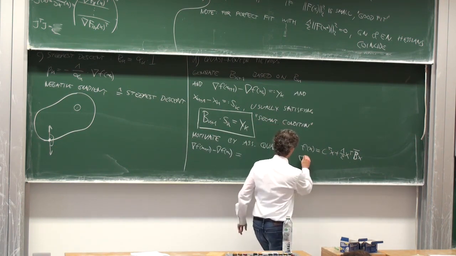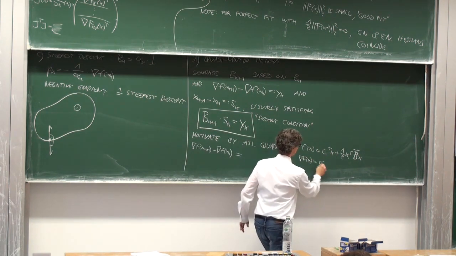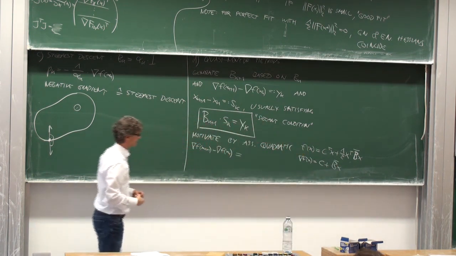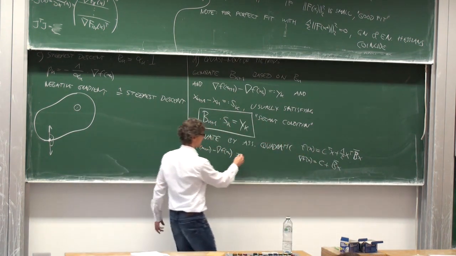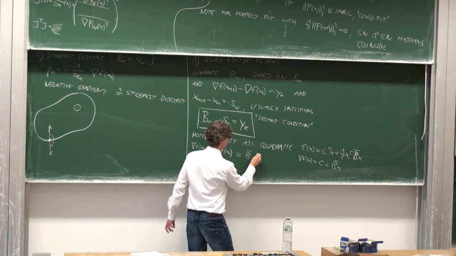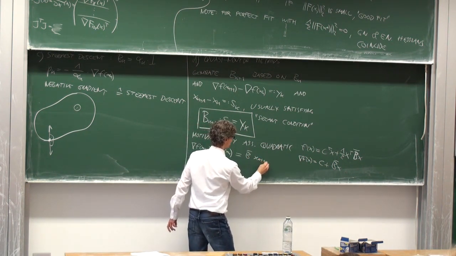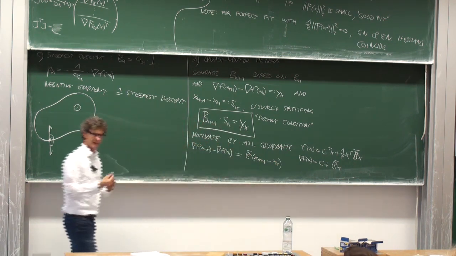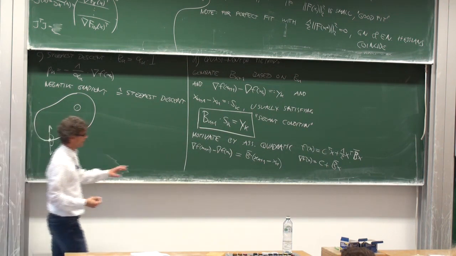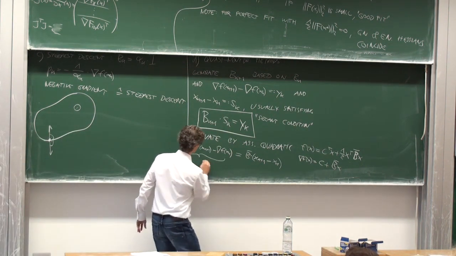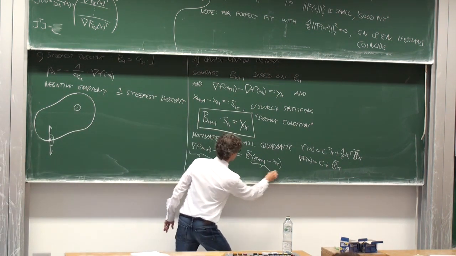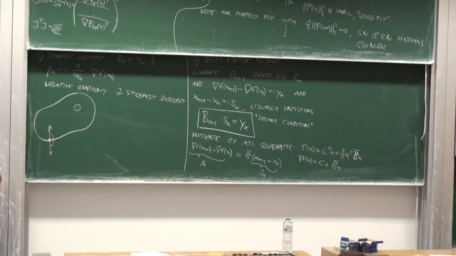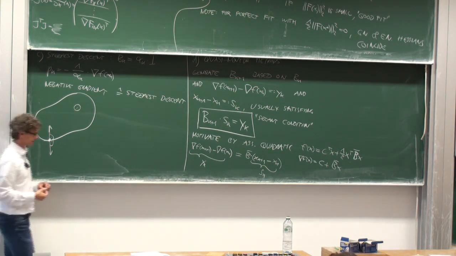I mean, nabla f of x would be given by c plus b bar x, right? And so now what we would expect here is exactly b bar times xk plus 1 minus xk. So you see, if we had a quadratic model, then this thing is actually yk, this thing is actually sk, and it would satisfy the true secant equation.